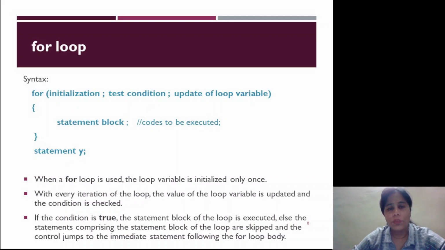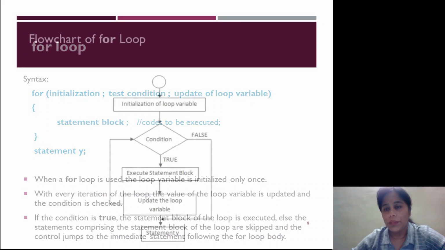With every iteration of the loop, the value of the loop variable is updated and the condition is checked. If the condition is true, the statement block of the loop is executed. Else, the statements comprising the statement block of the loop are skipped and the control jumps to the immediate statement following the for loop body.